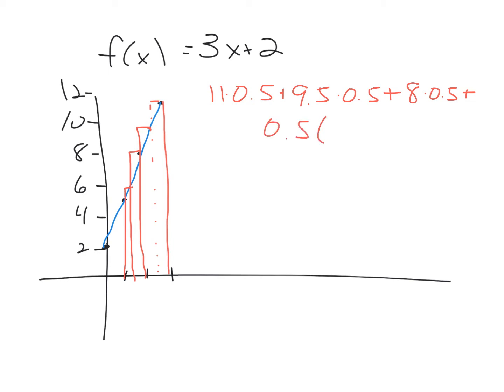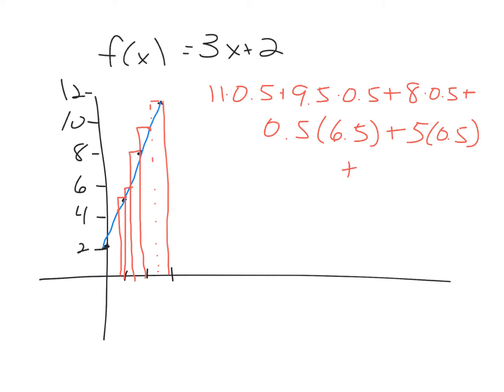And then you put 1.5 in, and you'll get 6.5. And of course, at 1, your output is 5, and the distance is 0.5.